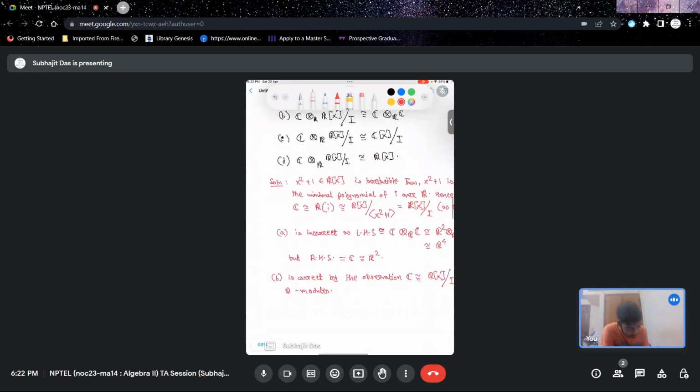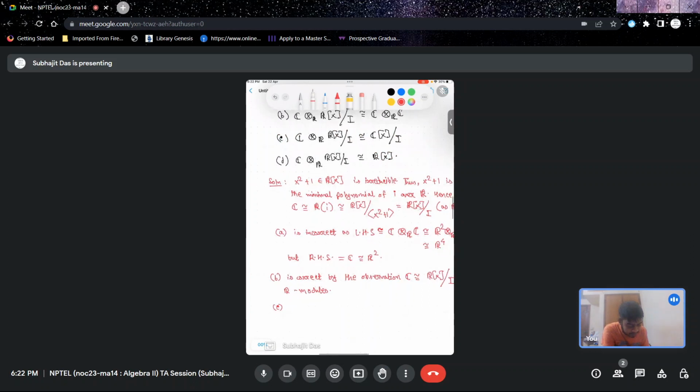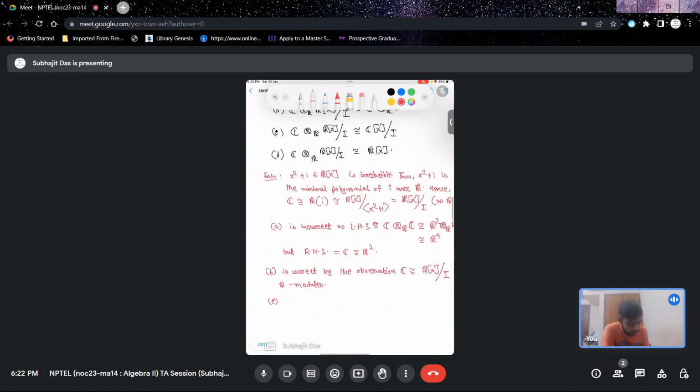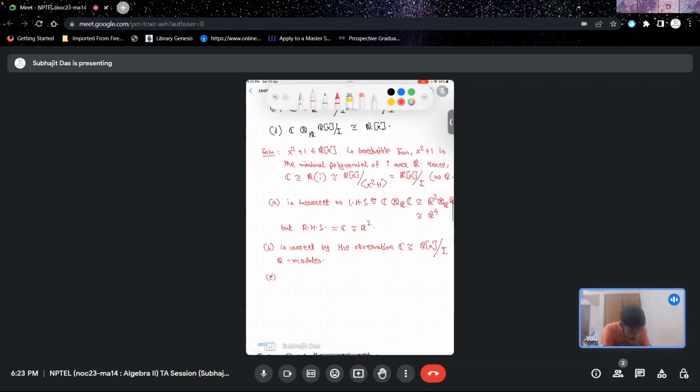What about option C? Option C says that C tensored over R with this is isomorphic to C[x] mod I. Okay. Now you recall this result.